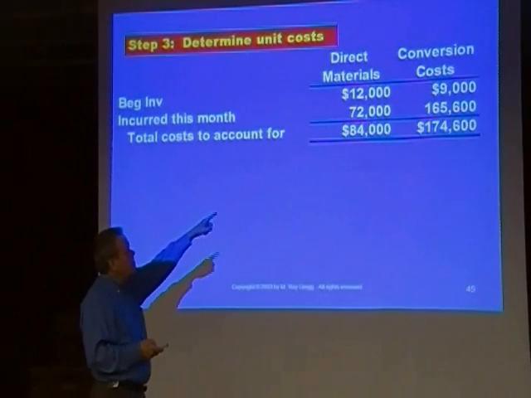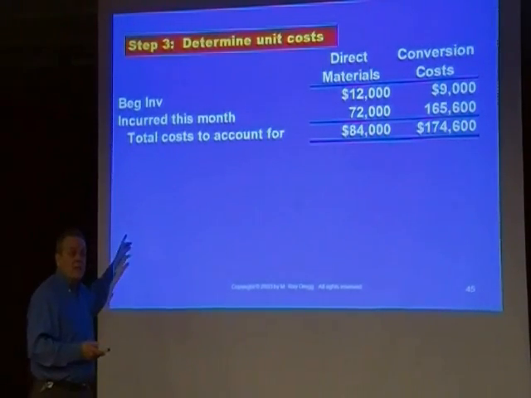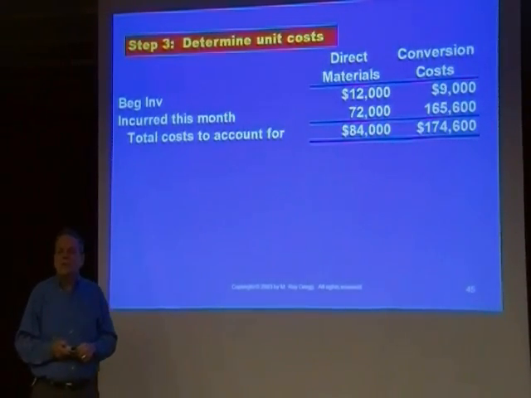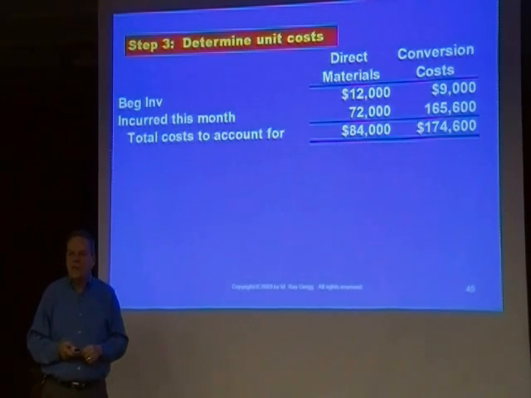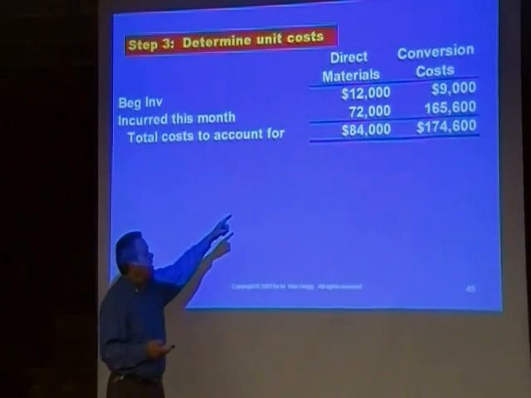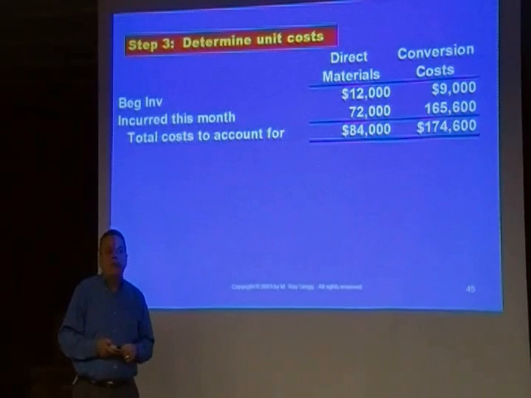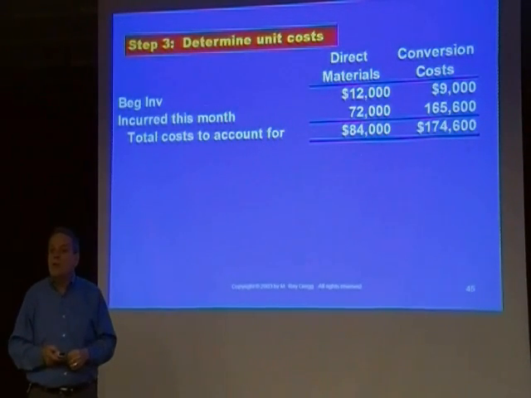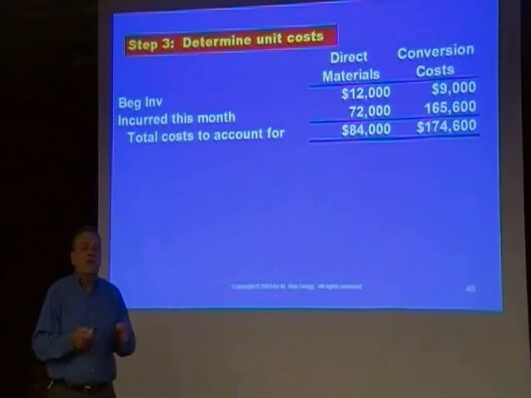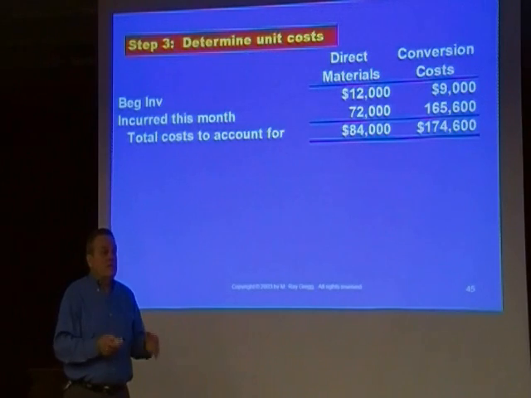So here are the totals that we determined, and in the previous step, we determined equivalent units of production. I need your help. Find me the equivalent units of production for materials. The number we determined a moment ago was, say it, Daniel? 21,000 equivalent units of production for materials.